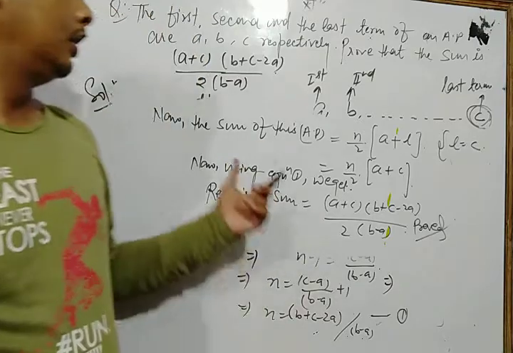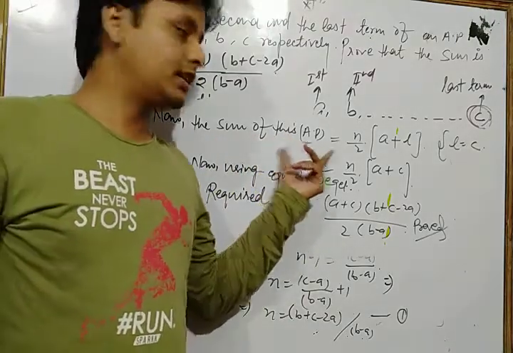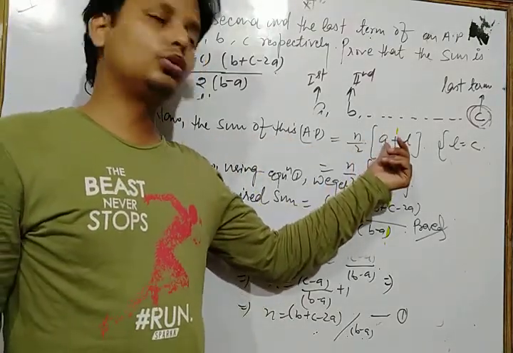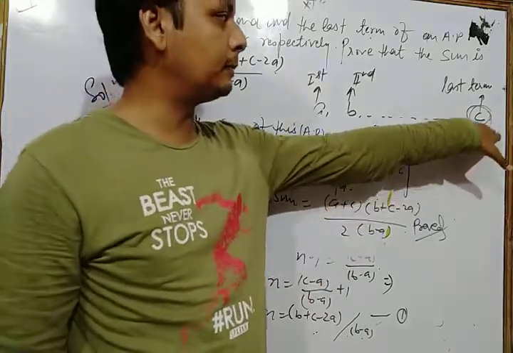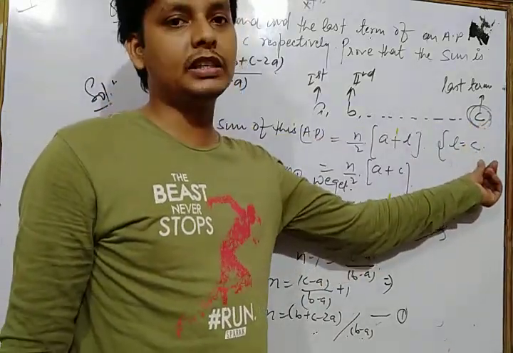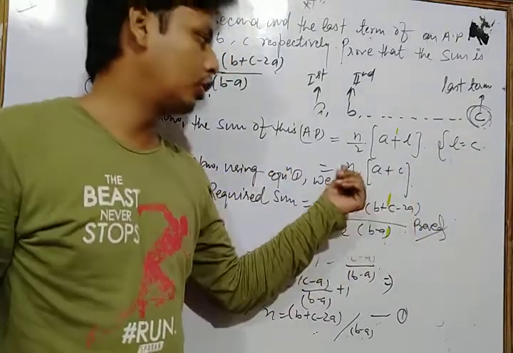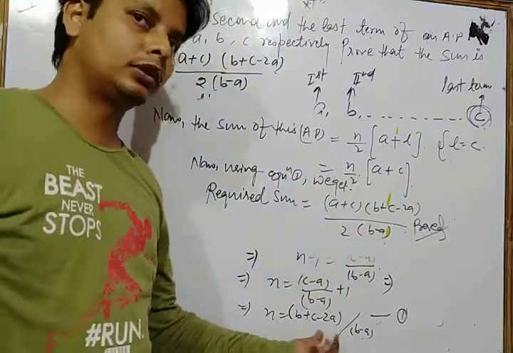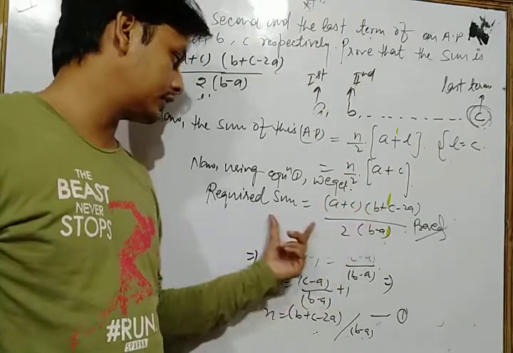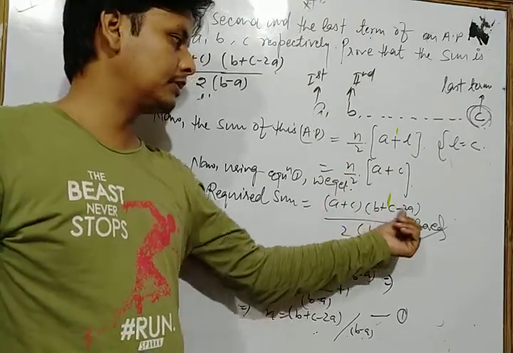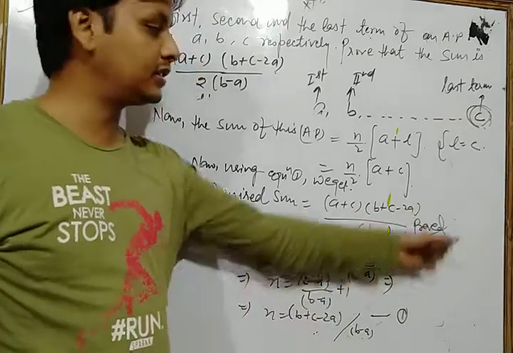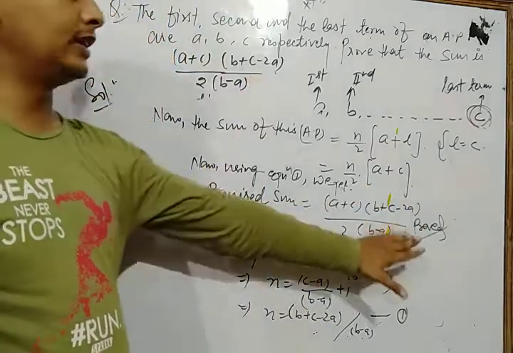Now we know that the sum of an AP is n by 2 into first term plus last term, that is a plus l. Here l is equal to c. Using equation 1 we put the value of n, and we get the required sum of this AP as a plus c into b plus c minus 2a upon 2 into b minus a. This is our result, hence proved.